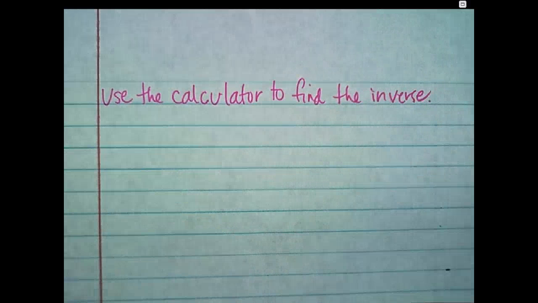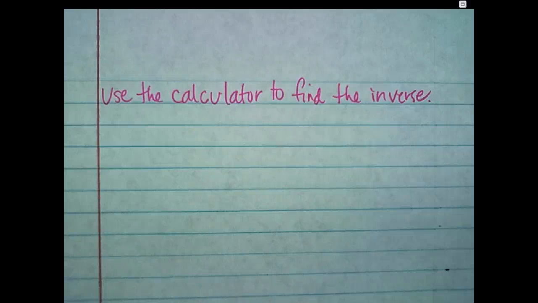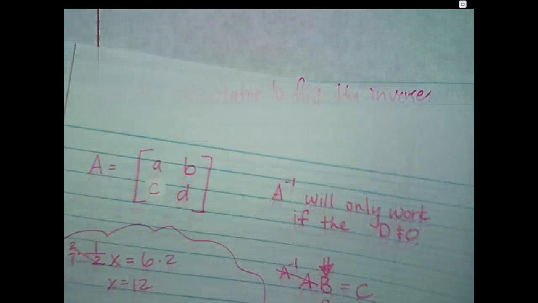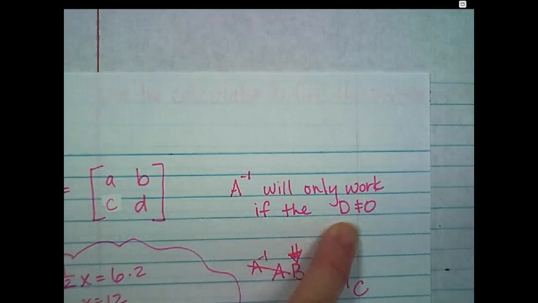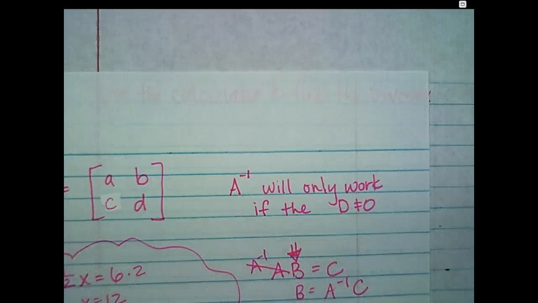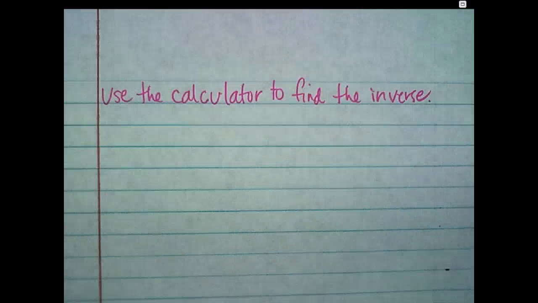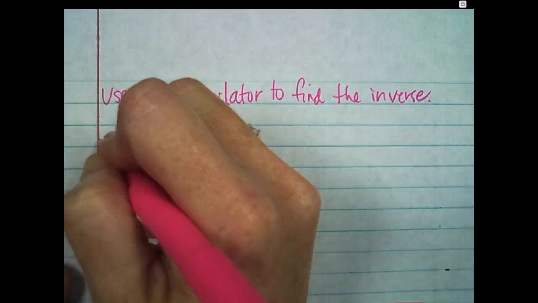Okay, before I start, what did we say about an inverse? It will only have an inverse, it will only work if the determinant does not equal what? 0. So there's a possibility that there is no inverse. Okay? So let's do number 1 together.